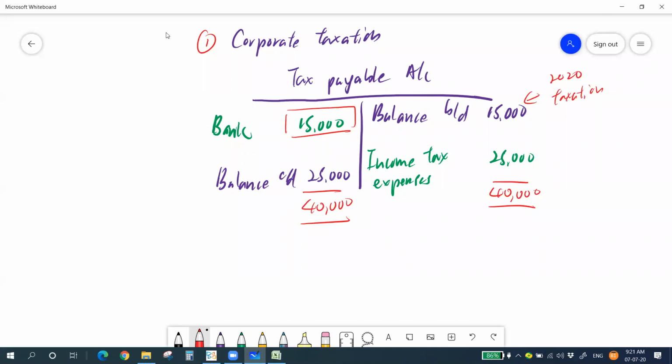Right, this is the first adjustment. Any questions so far? Any question on this? No? All right, we move to the next additional information.